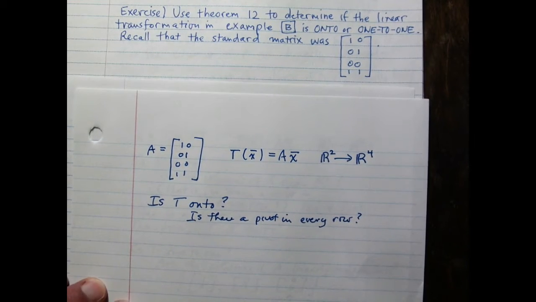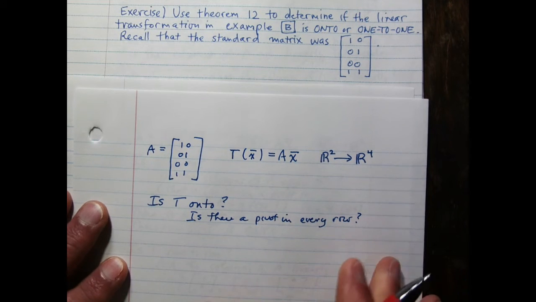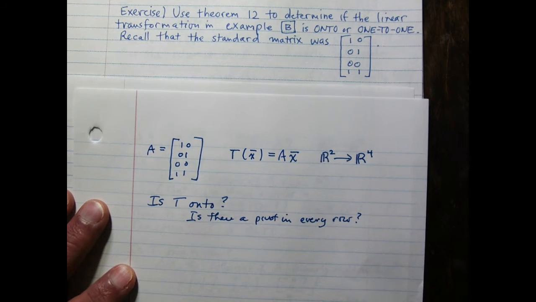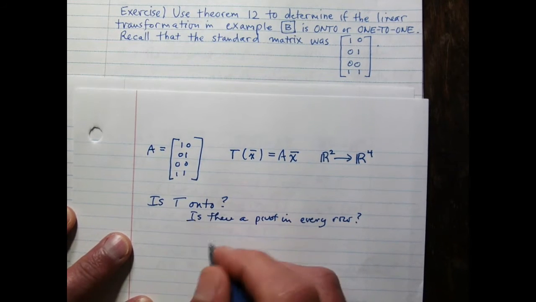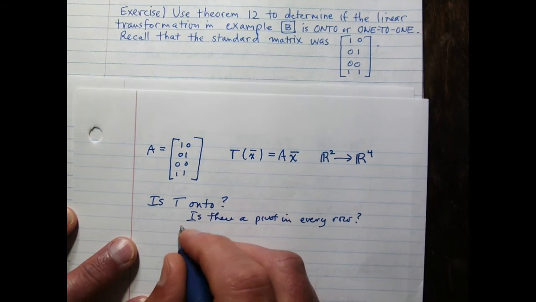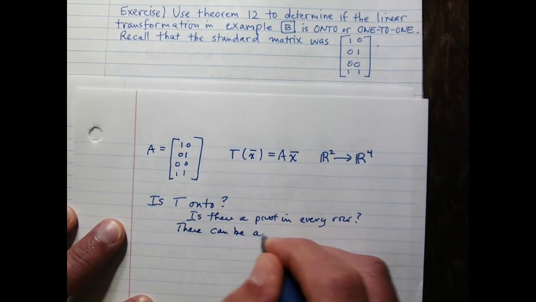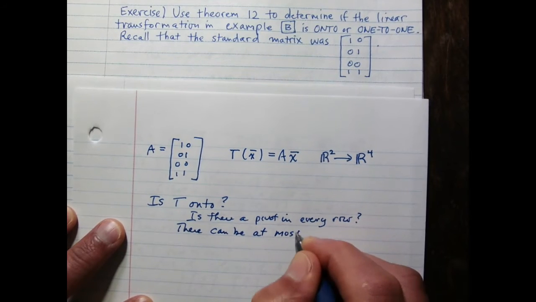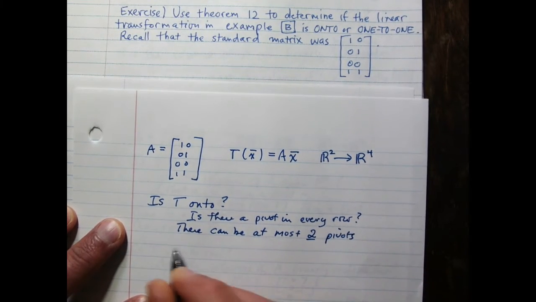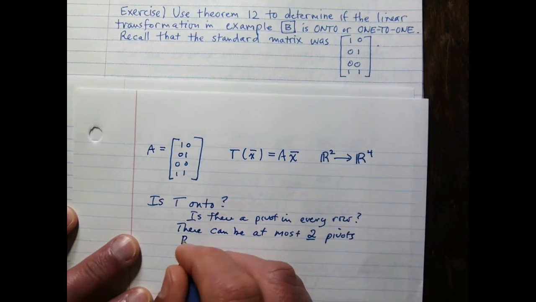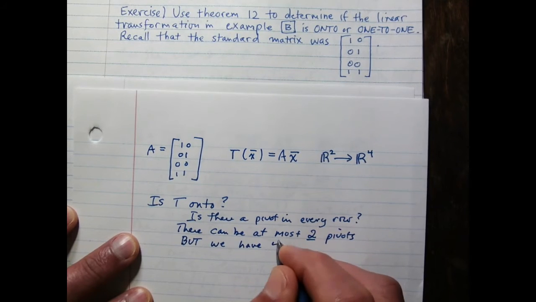We don't even have to reduce it. We don't even have to think about it any further. There can be, at most, 2 pivots, because you can only have 1 pivot per column, but we have 4 rows.